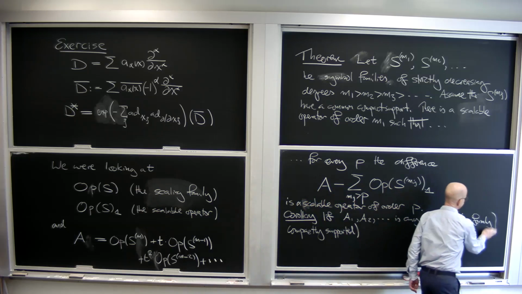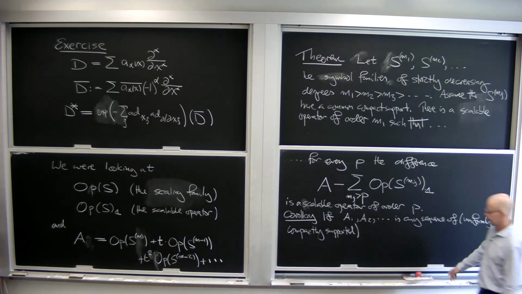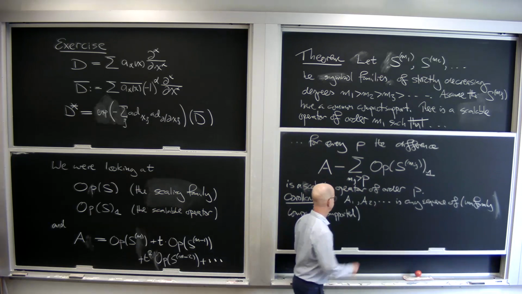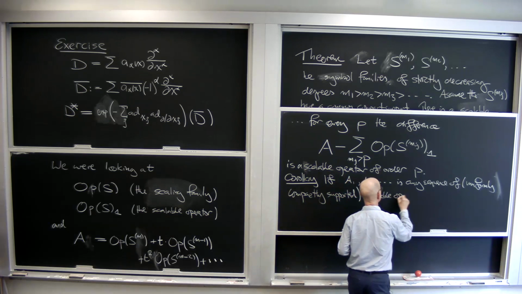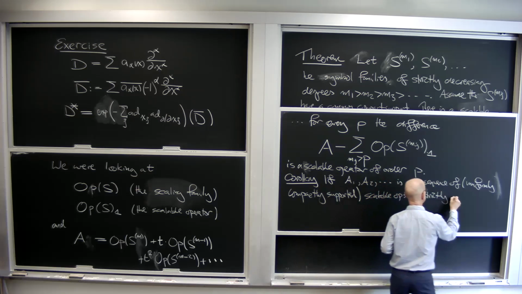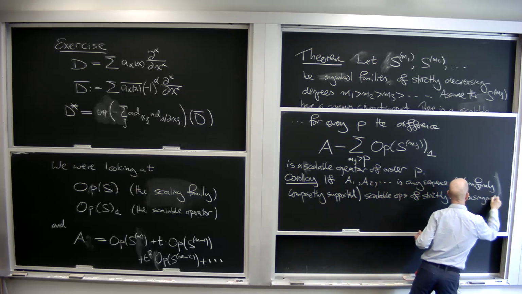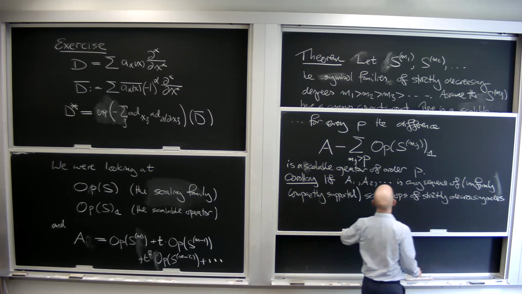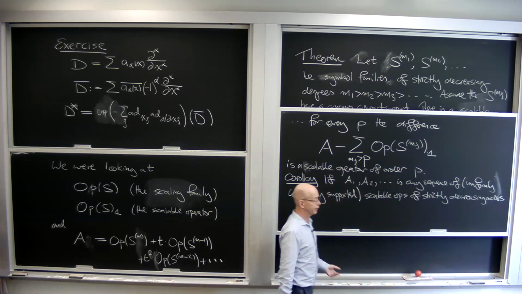After you've proved the version with uniform compact support, you can fiddle with it a little bit and prove it without, but let's just put in the support condition, scalable operators of strictly decreasing orders. Like these operators SMJ1, but now I'm just talking about anything at all.